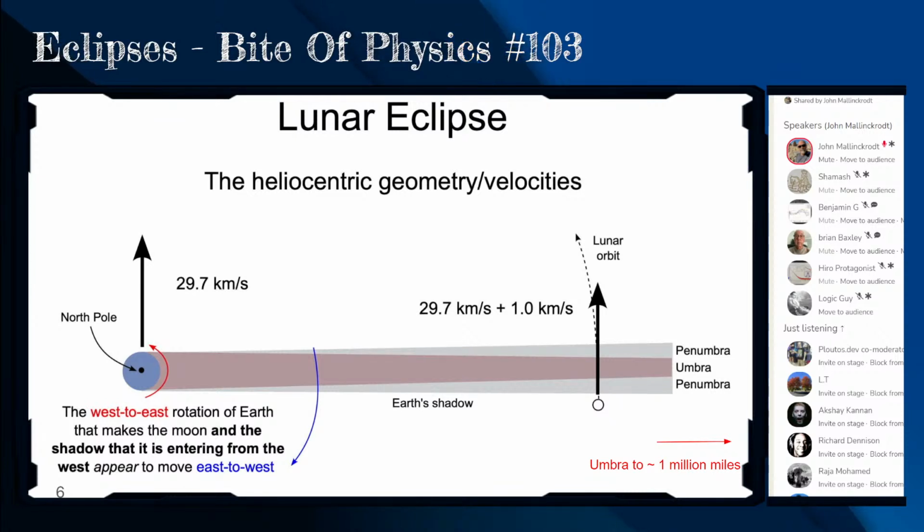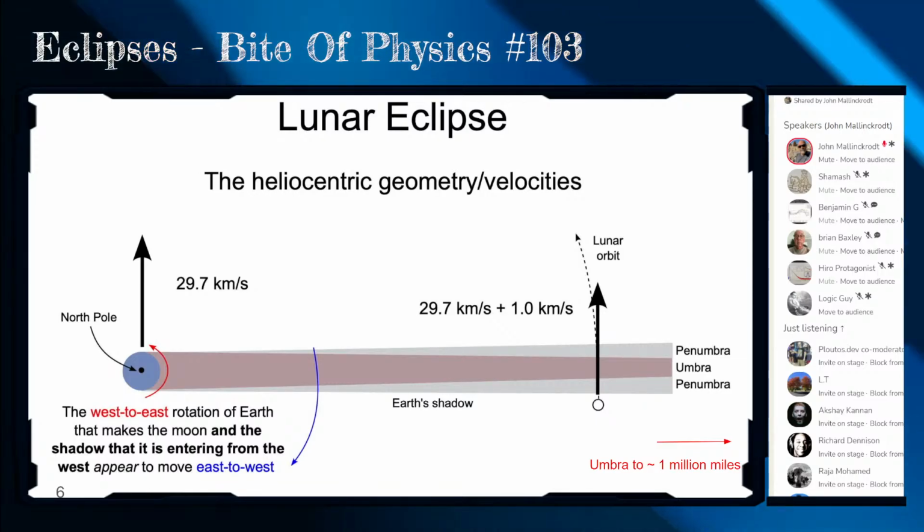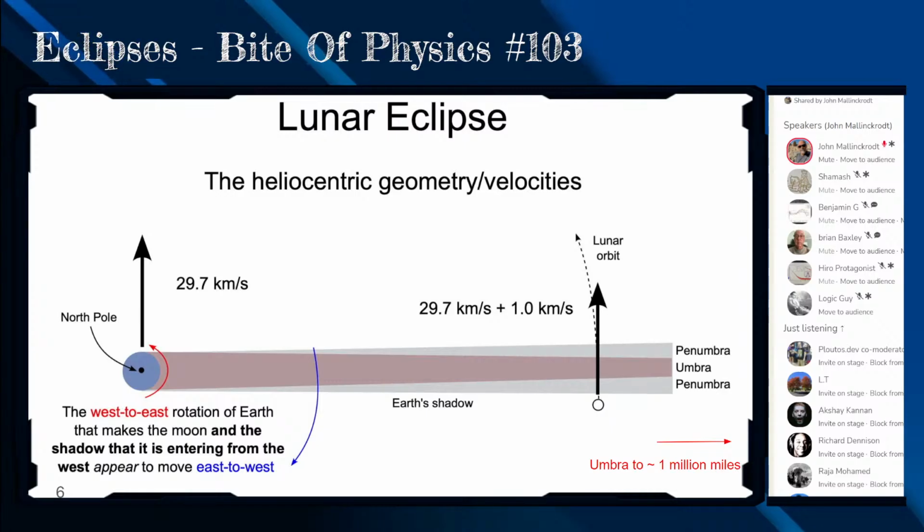If you divide 16,000 kilometers, the size of that shadow, by the 1 kilometer per second at which the moon is moving through that shadow, you'll find out that it takes something like 5 hours to move through the shadow.